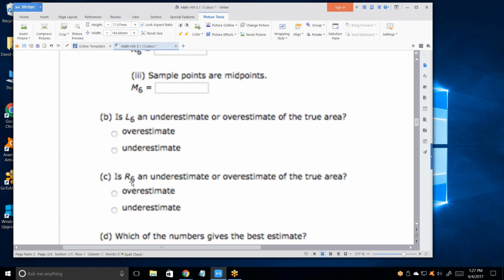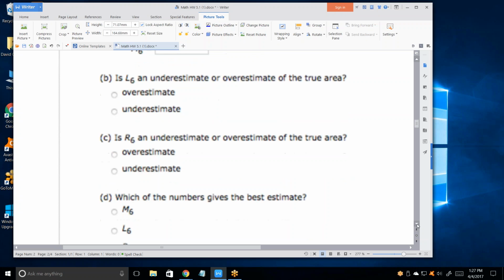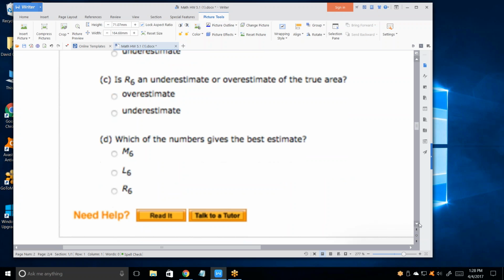And when I use the right endpoints, as I showed, I'm underestimating. Which of the numbers gives the best estimate? Well, like I said, mid-ram almost always gives the best estimate. So you'd want to answer D on that.